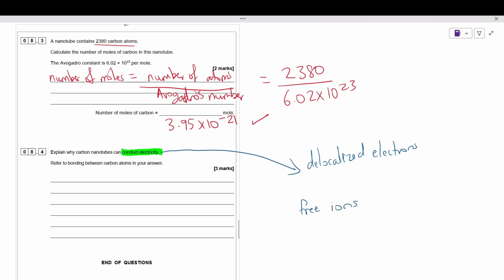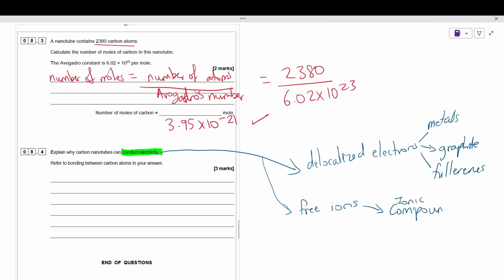These are the only 2 cases where things will actually conduct electricity. So when you think of delocalized electrons, you're thinking about metals, and you're also thinking about graphite, fullerenes. And when you're thinking about free ions, you're thinking about ionic compounds in their aqueous or liquid state.